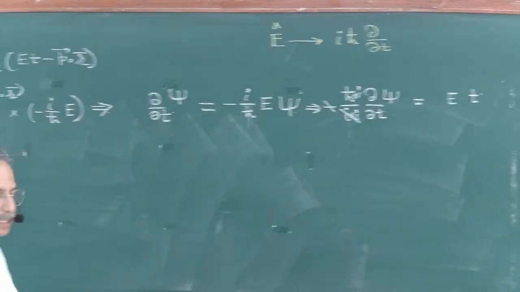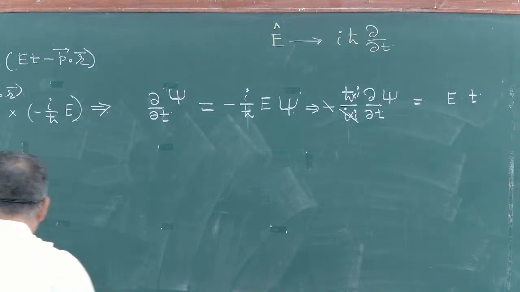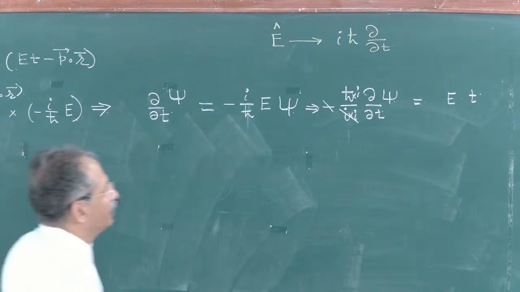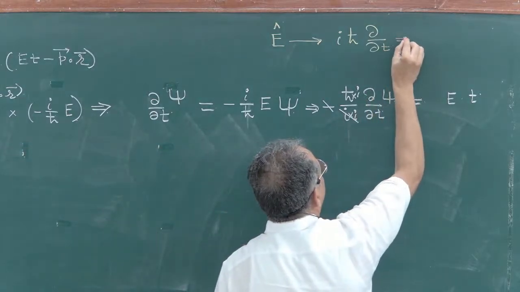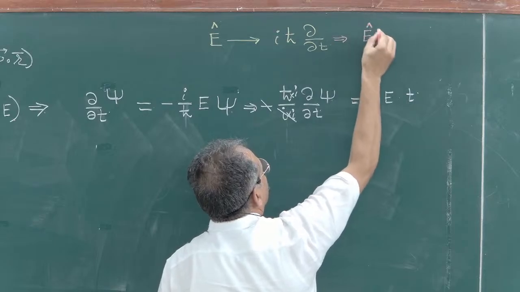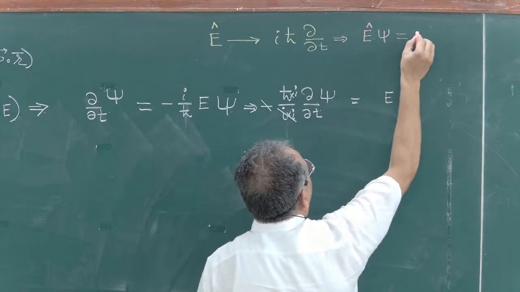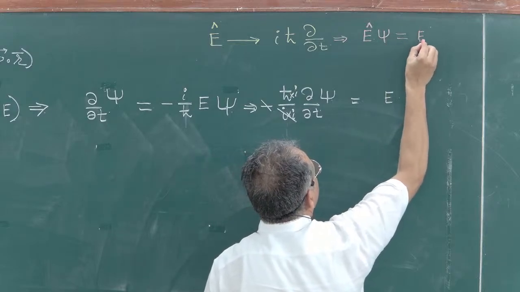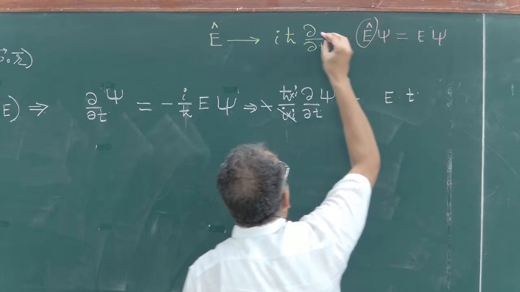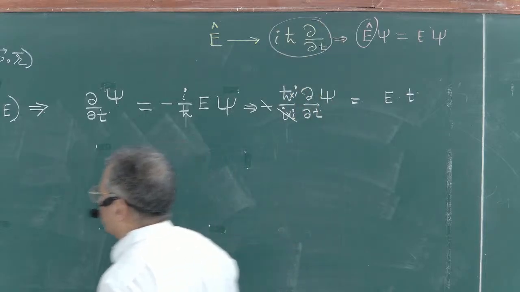When we operate this energy operator on wave function, we will be able to obtain energy and the wave function. So if we employ this equation such that E cap, E hat operated on wave function psi will give you energy times psi. So you can replace this E cap by i h cross into partial derivative with respect to time.